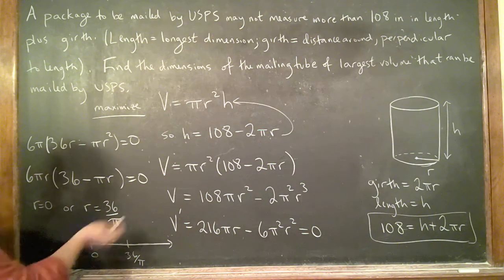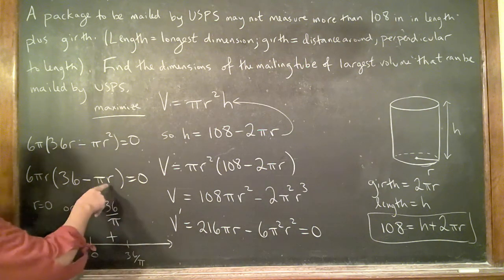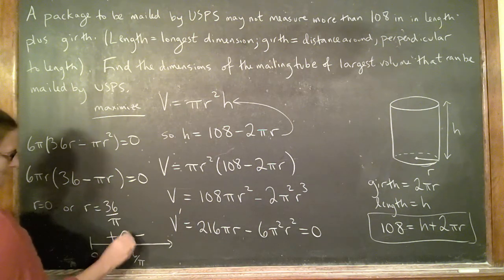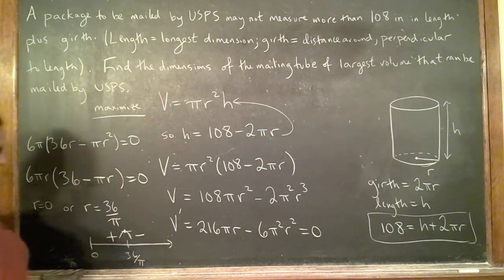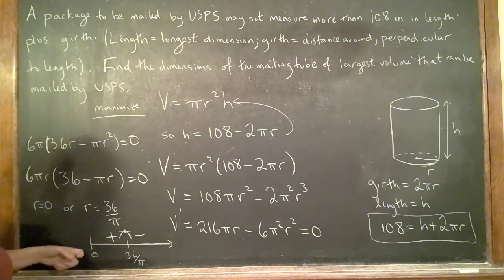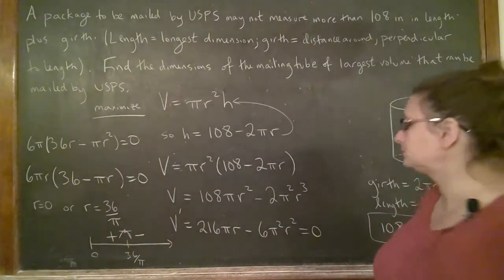If I put in something really big, like 36, then it's going to be negative. So that is right, that's going to be my maximum, and 0 is going to be a minimum. I'm not worried about anything less than 0 because it doesn't make sense for the problem.